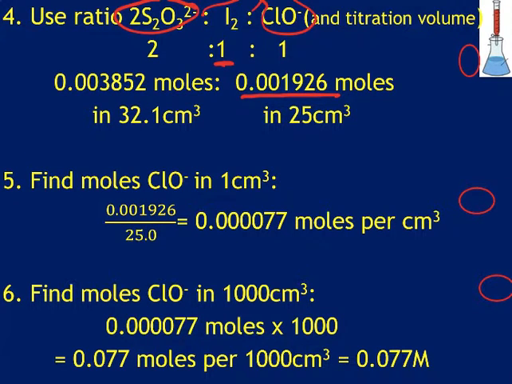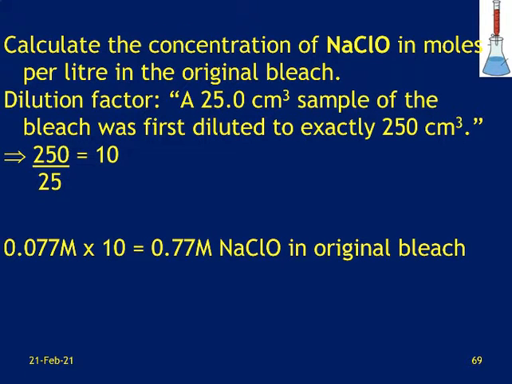I convert that 0.001926 moles into moles per centimeter cubed by dividing it by 25, and I convert it to moles per liter by multiplying it by 1,000. So I now have, this is big M, my diluted bleach. We've already done our calculation that gives us our dilution factor of 10, and we multiply our diluted bleach by 10, and that's now giving us our concentration of the original bleach or undiluted bleach, so 0.77 molar NaClO.